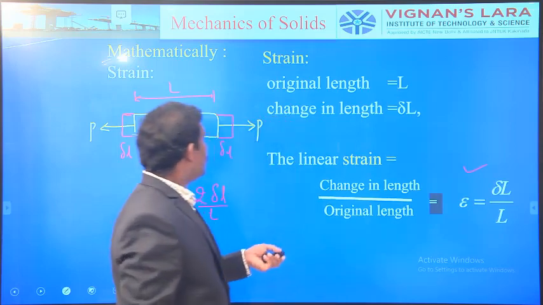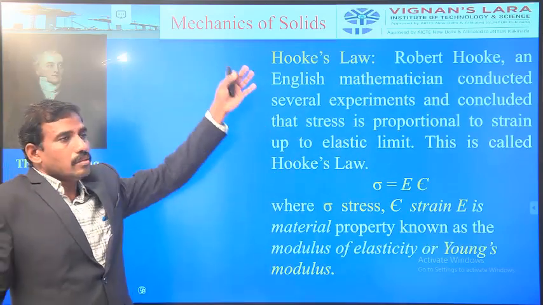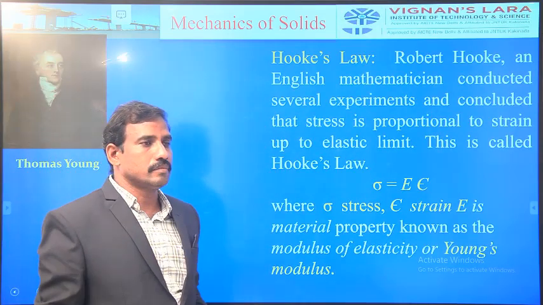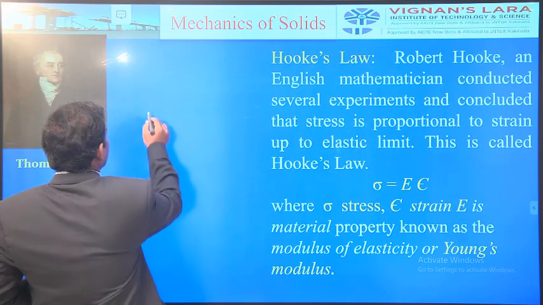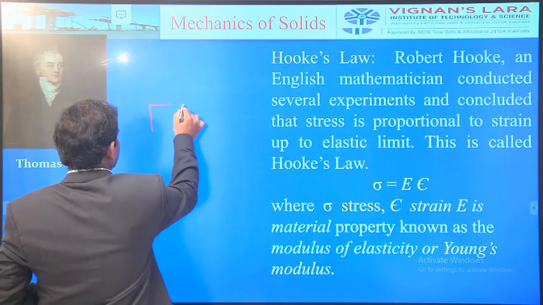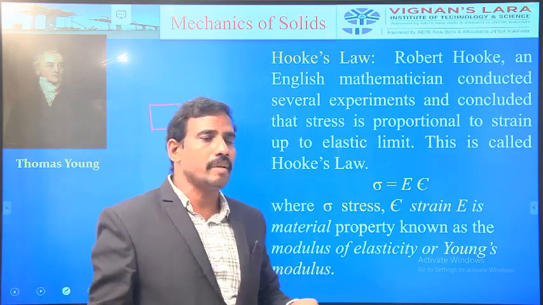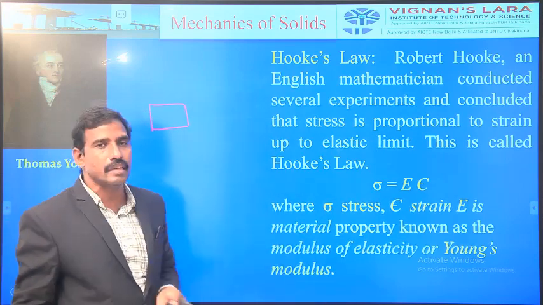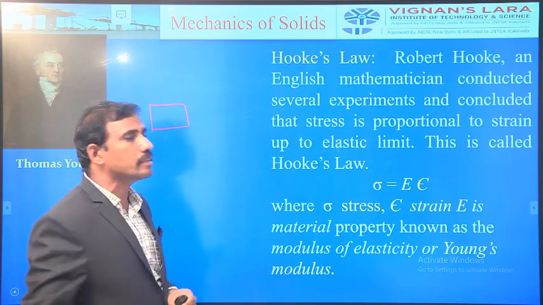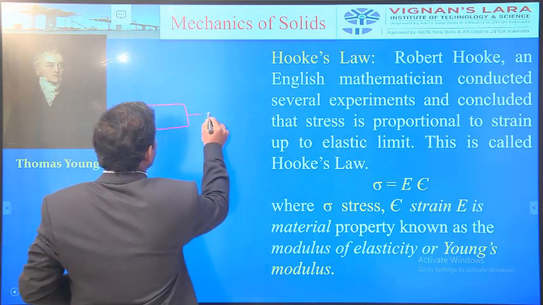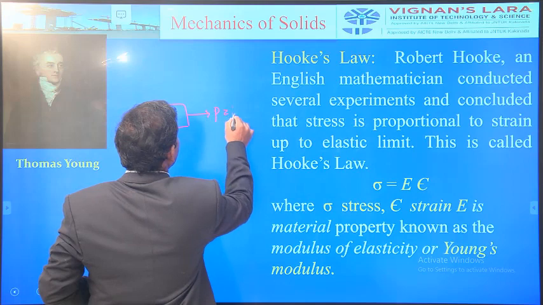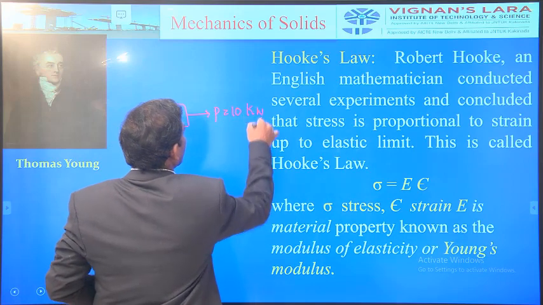For better understanding, what happened so far? Simply, this is a body. One mathematician observed, by conducting several experiments on a particular material or various materials, and concluded one thing. A force of magnitude P equal to 10 kilonewtons is applied initially.